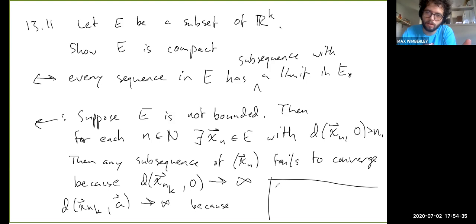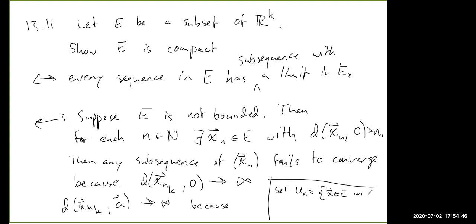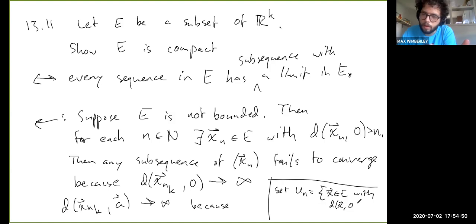So if you set un equals the set of x in E with the distance from x to 0 less than n, strictly less than n, okay?